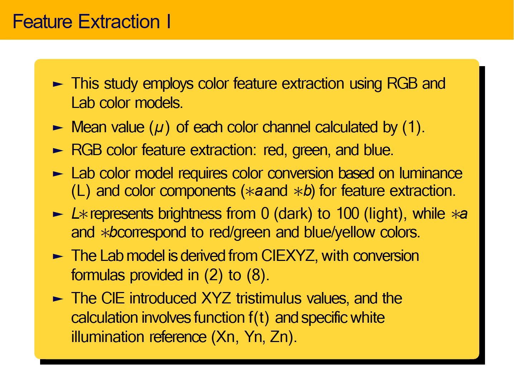In the LAB model, we use luminance L* and color components a* and b* for feature extraction, providing a perceptually uniform color space. Conversion formulae for LAB are derived from the CIE XYZ. These techniques enable us to effectively analyze and classify oil palm maturity level.